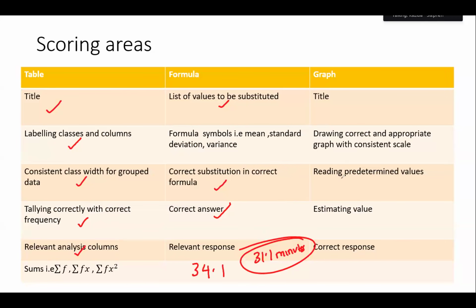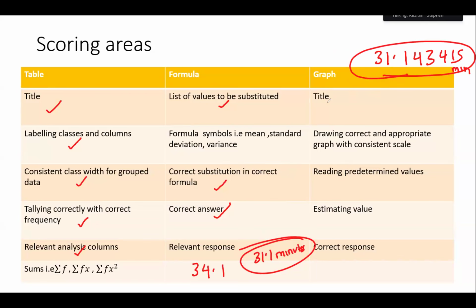Also, I wouldn't expect you to leave your answer with very many decimal places. If these are minutes, you can have seconds, so I expect you to write minutes and seconds. Maybe 31 minutes and maybe 10 seconds.